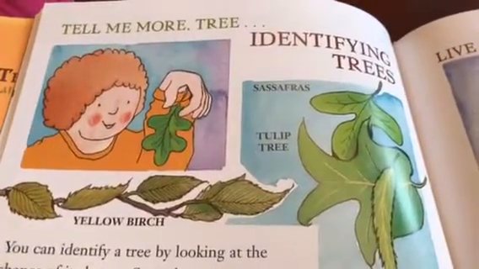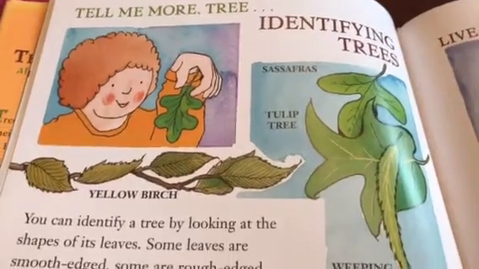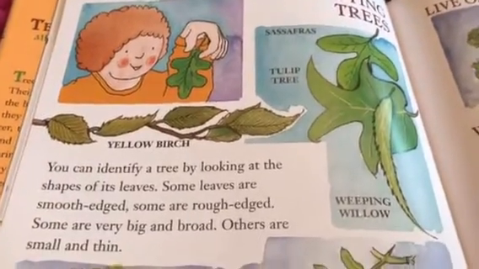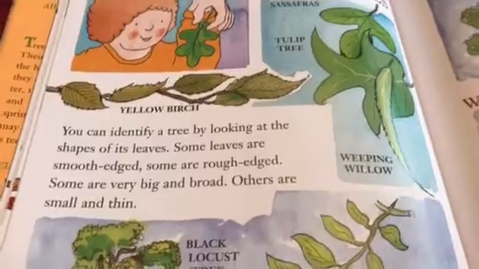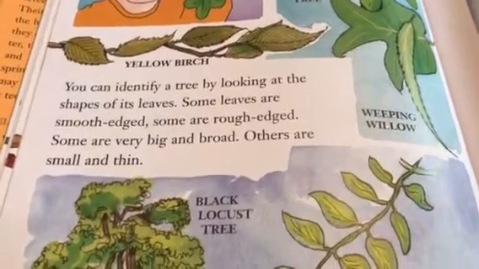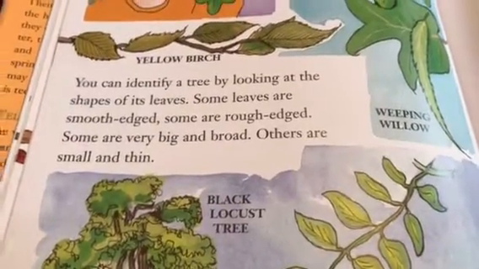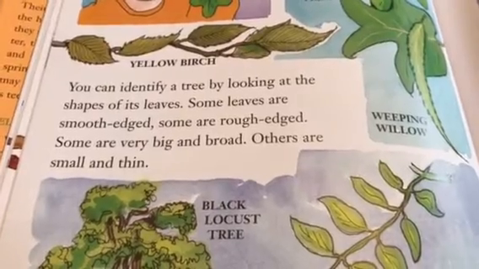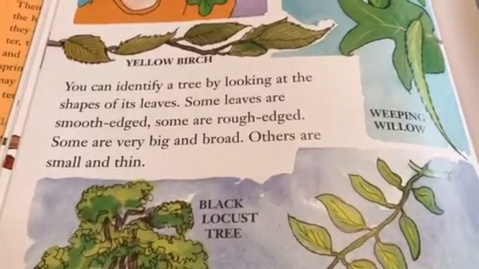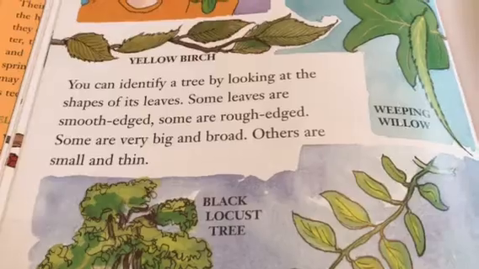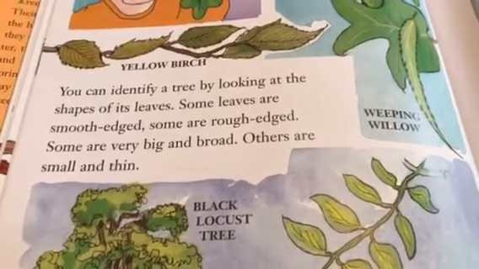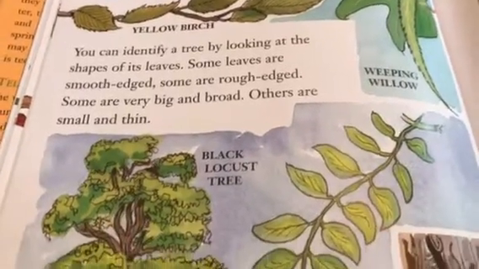Tell me more, tree. Identifying trees. You can identify a tree by looking at the shape of its leaves. Some leaves are smooth-edged, some are rough-edged, some are very big and broad, others are small and thin.